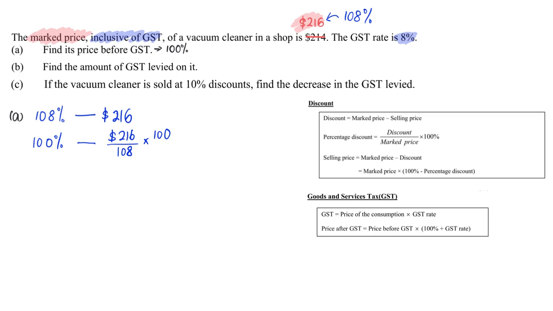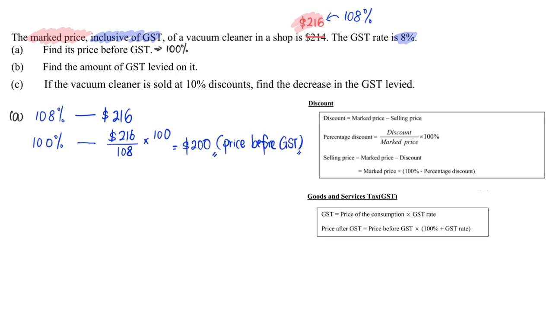And that will give me a value of $200, and that will be the answer for part A, where this is the price before GST.